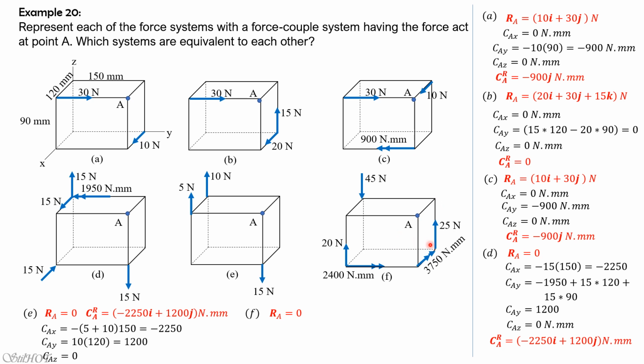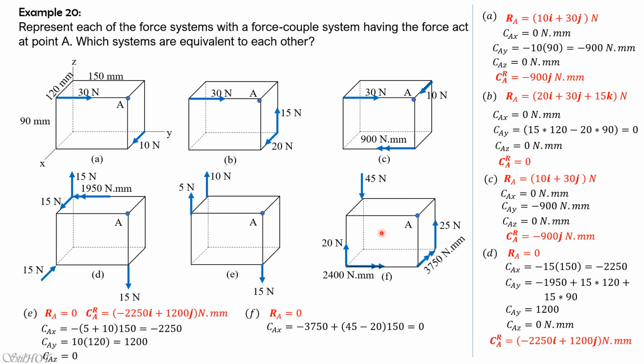By the right thumb rule, position your right thumb towards the positive AX axis. So 45 is positive, 20 is negative. They have the same moment arm. So CAX is negative 3750 plus the quantity 45 minus 20 times 150, but the result is 0.